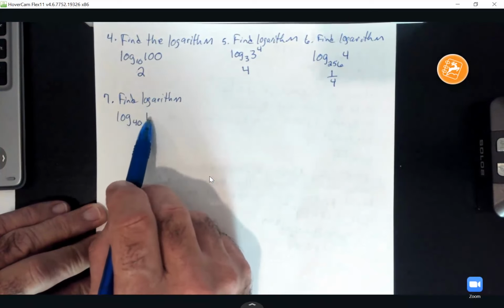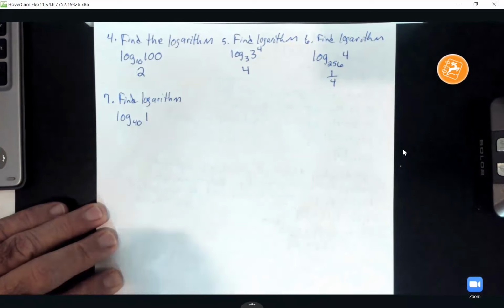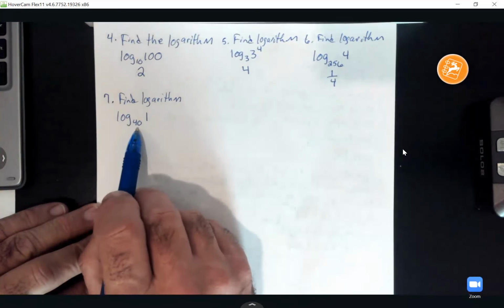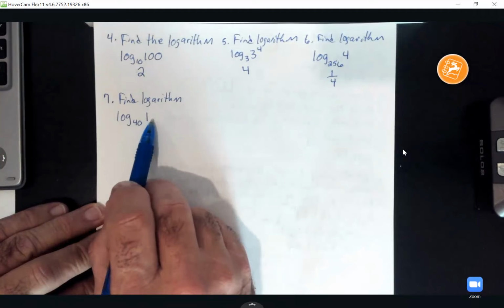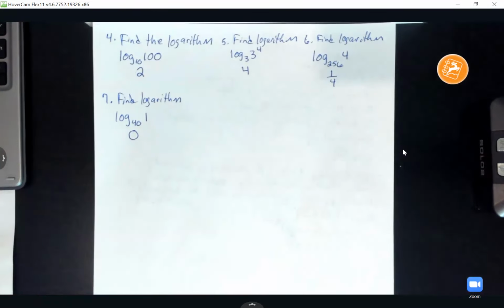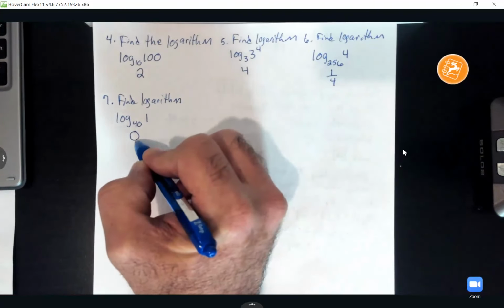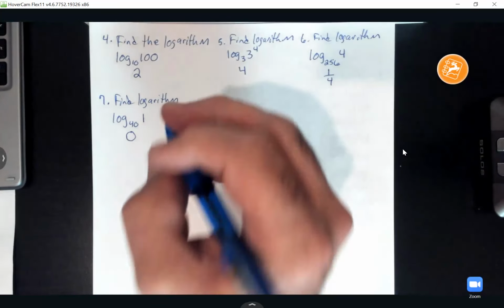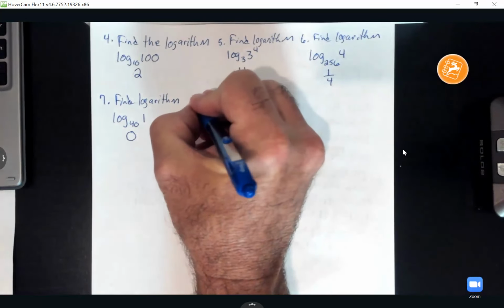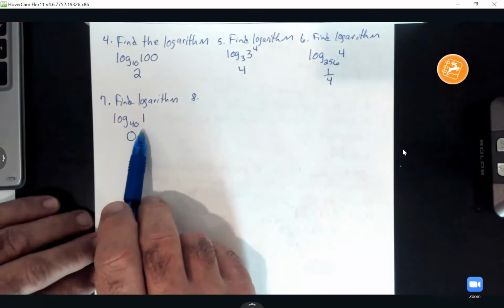If that result is a 1, there's only one exponent that I can raise these numbers to create a 1. And that exponent would be 0. So remember, if that results a 1, then the exponent has to be a 0, okay? Remember, you could put that on log base also. Either way you want to go.